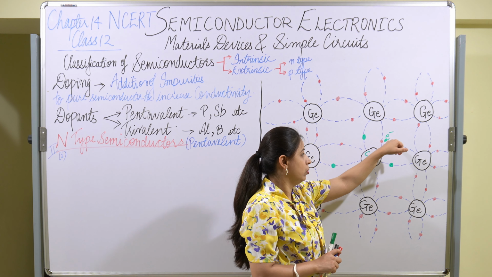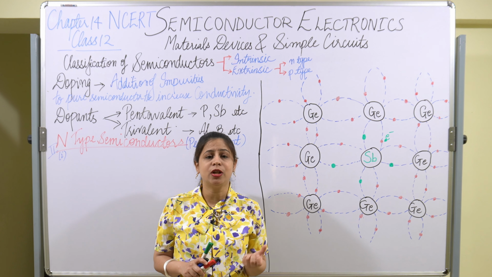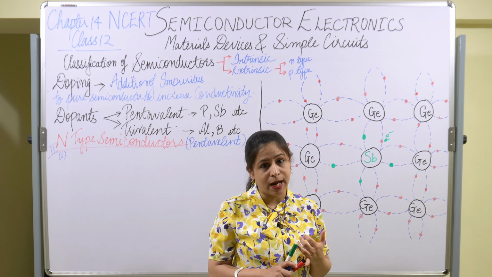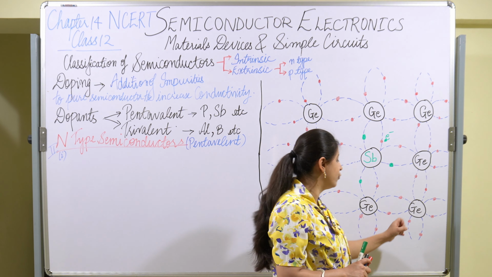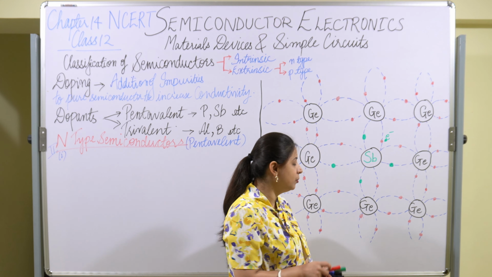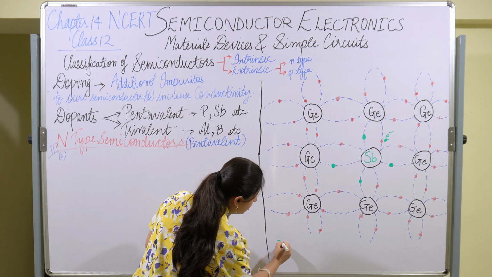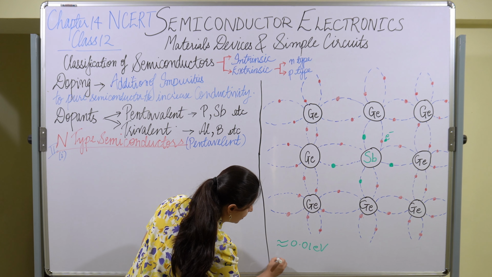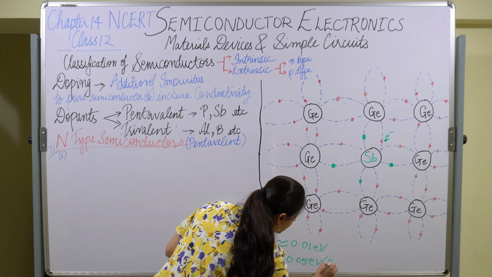Now it requires very less energy, very less ionization energy. The energy required to remove this electron from its parent atom is known as the ionization energy, and it is very much less in the case of germanium. The energy required is somewhat equal to 0.01 electron volt, and it is nearly equal to 0.05 electron volts in the case of silicon.